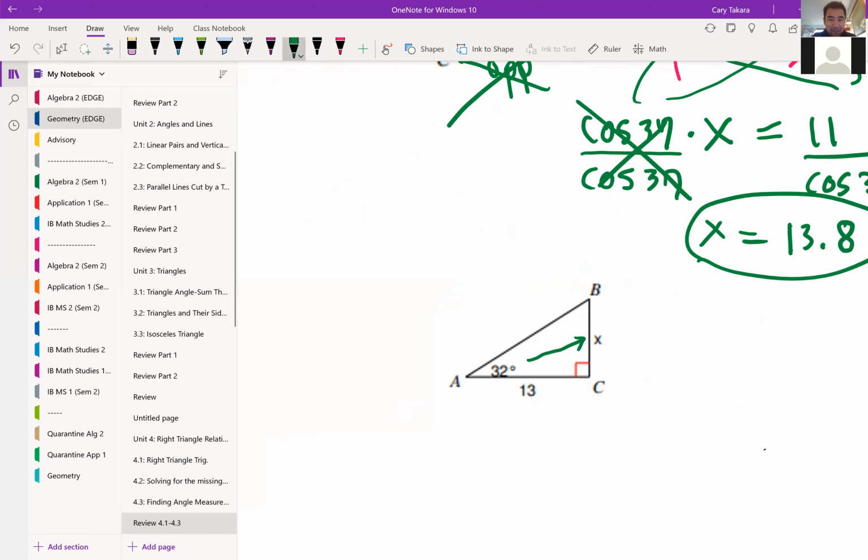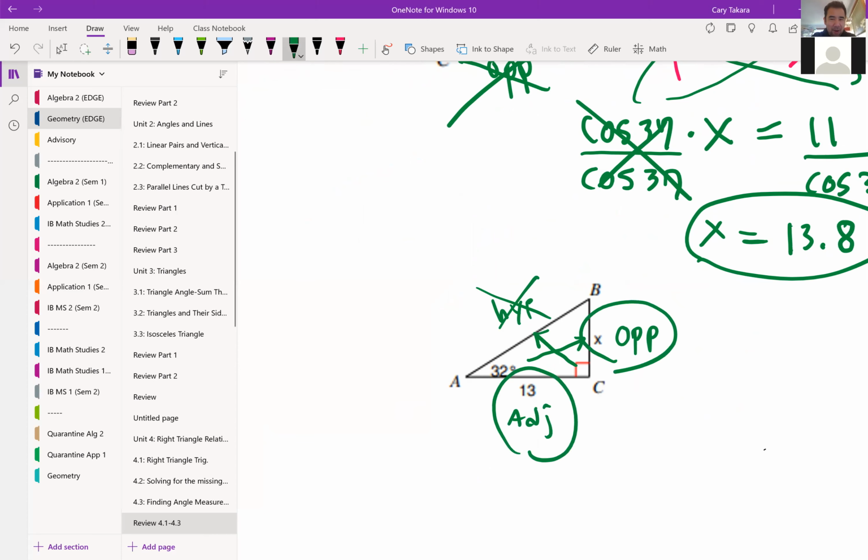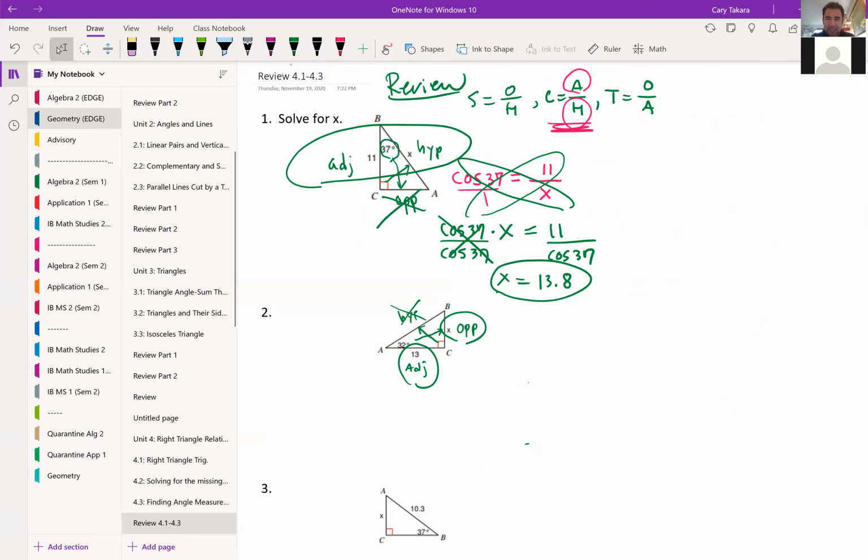Let's begin. So this is the opposite. And there's this hypotenuse over here. But there's nothing. And then adjacent. So we're talking about an adjacent opposite combination. It's this one, isn't it? Okay. We've got opposite adjacent.